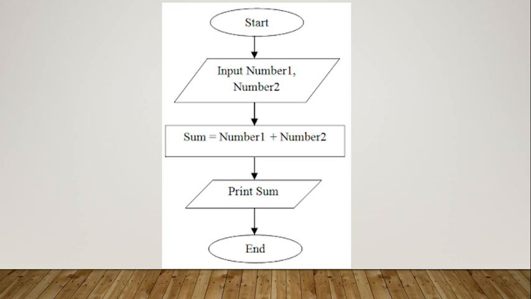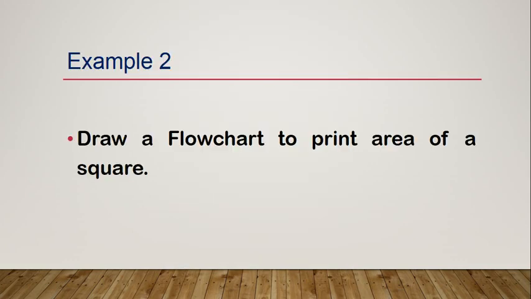So that's why we have used here a parallelogram to display the sum, and our work is done. So the last step will be end. Again the oval shape, it is stop or end. Our next example, we are going to draw a flowchart to print the area of a square.